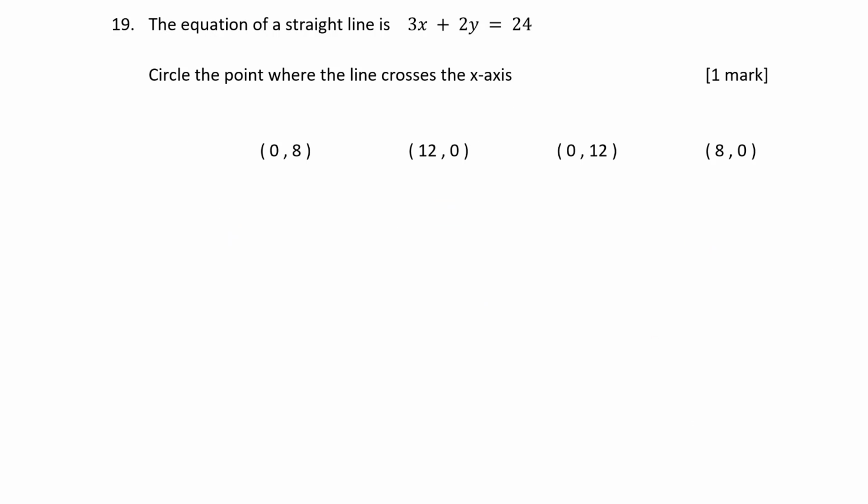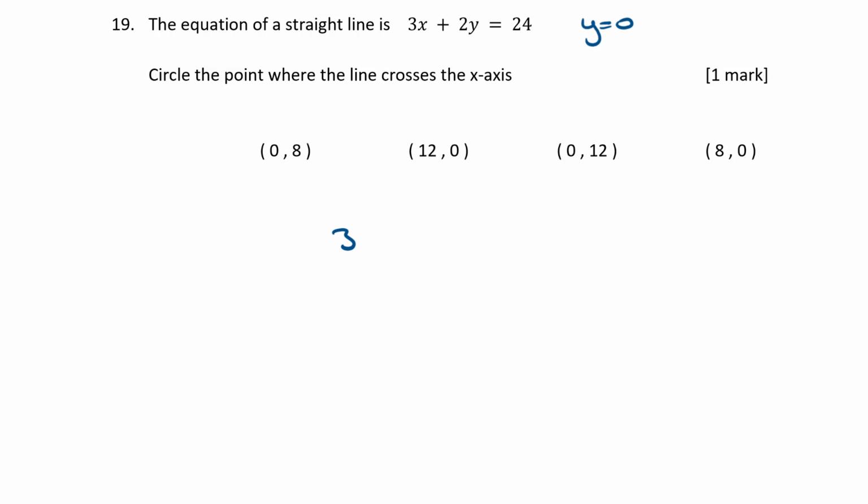Question 19, the equation of a straight line is 3x plus 2y is equal to 24. Circle the point where the line crosses the x-axis. Okay, so our line crosses the x-axis when y is equal to 0. So we need to sub in y is 0 into this expression and solve for x, basically.